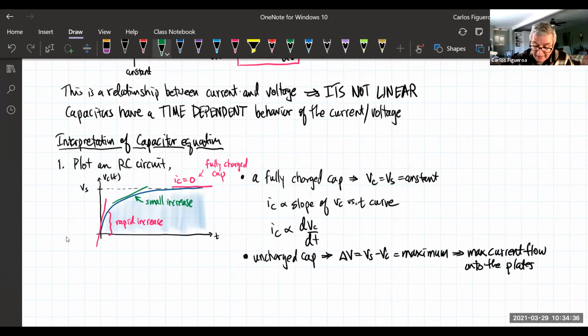So again, this curve is telling us exactly what we talked about beforehand.